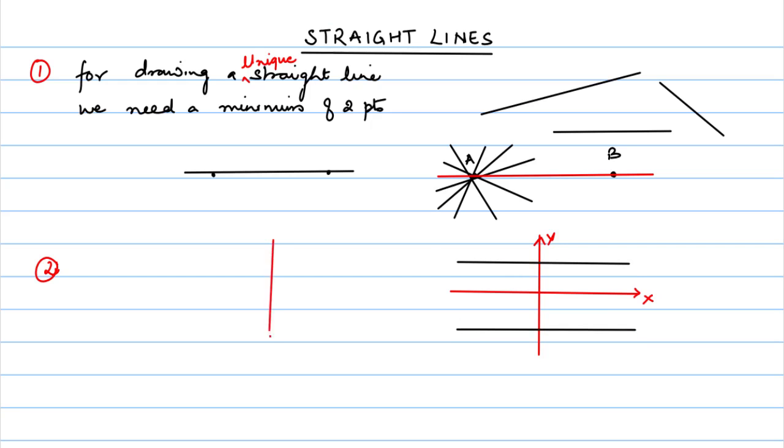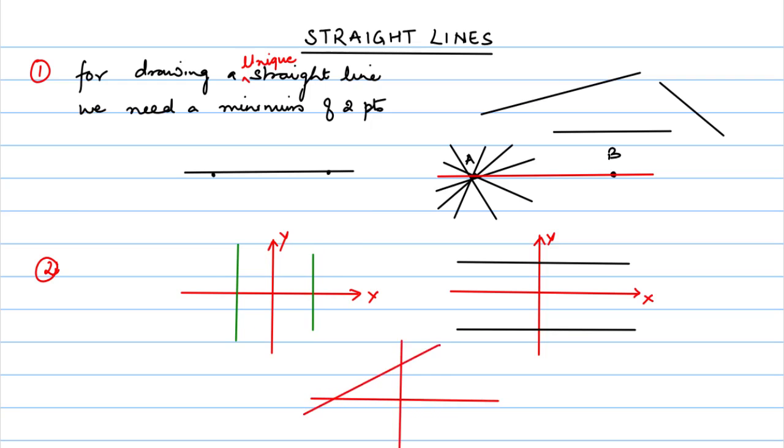The second type of lines could be parallel to the y-axis, like this. The third type of lines could be like this.